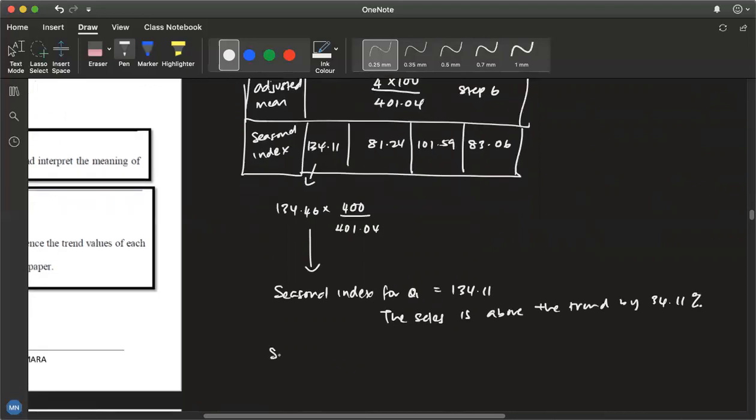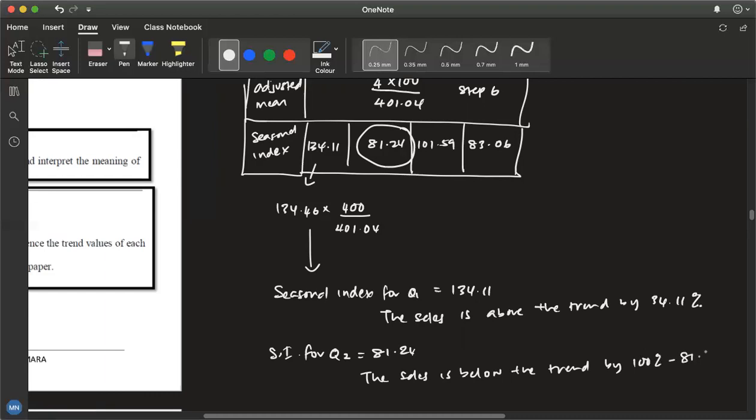So let's say we look at the seasonal index for quarter number 2, which is equal to 81.24. It means that the sales is below the trend, right, by how much? So 100% minus 81.24% equals 18.76%.